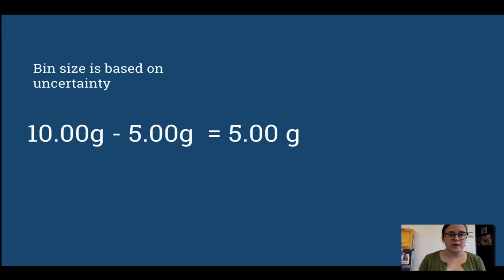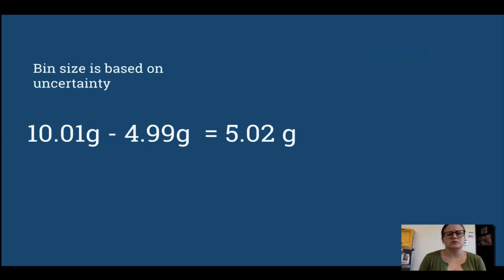So for a quick mathematical example, if my final mass was 10 grams, I know that could be off by plus or minus 0.01 grams. If my initial mass was 5 grams, I know that could also be off by plus or minus 0.01 grams. So how do I get the plus or minus 0.02 grams?